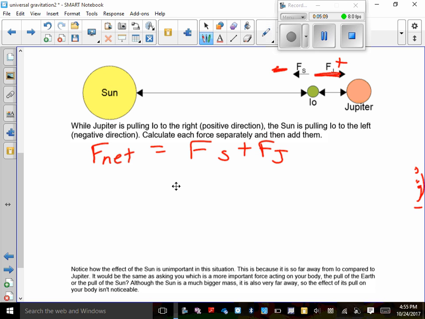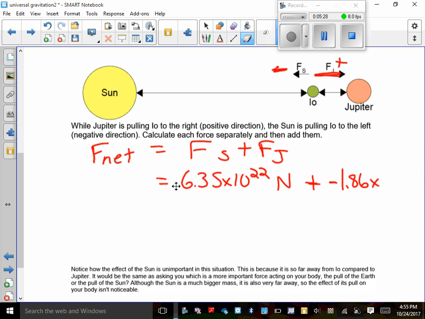It's in the opposite direction. So we get 6.35 times 10 to the 22 newtons plus negative 1.86 times 10 to the 19 newtons.